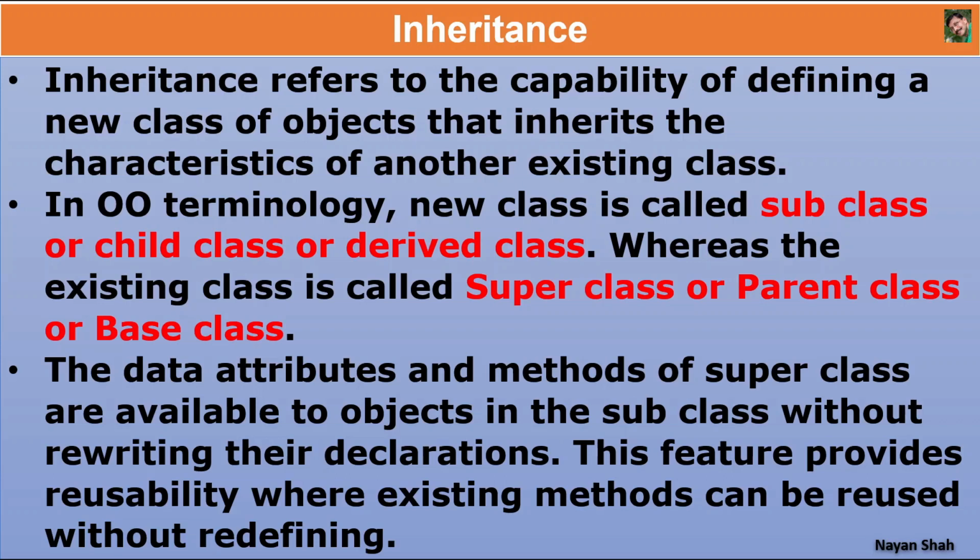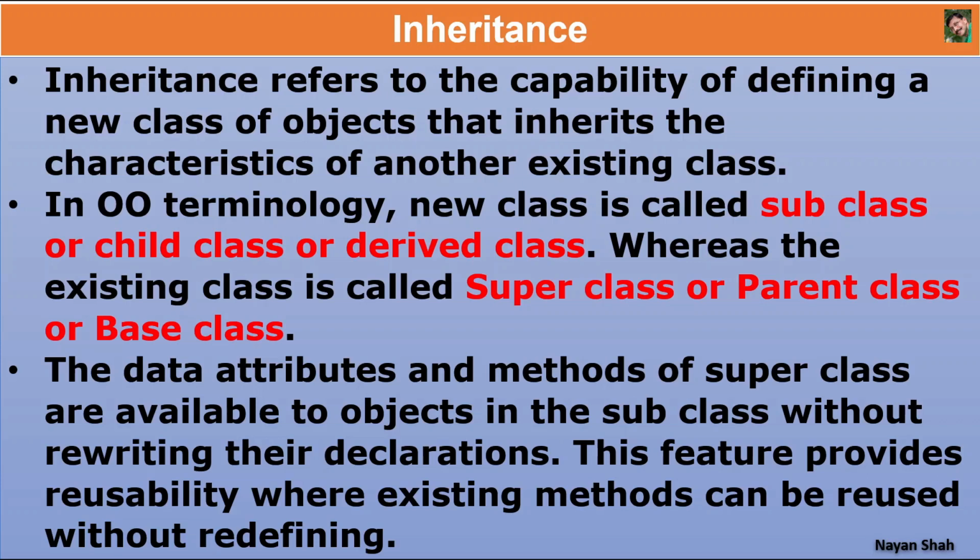For example, person class is our base class, parent class, and then we are creating doctor class from that by inheriting. So doctor class will always have something more than normal person. So that is what inheritance is. The data attributes and methods of superclass are all available to objects in the subclass without rewriting their declarations.